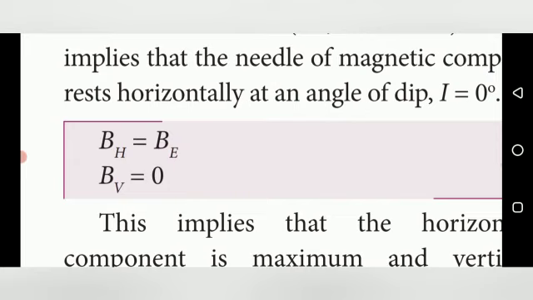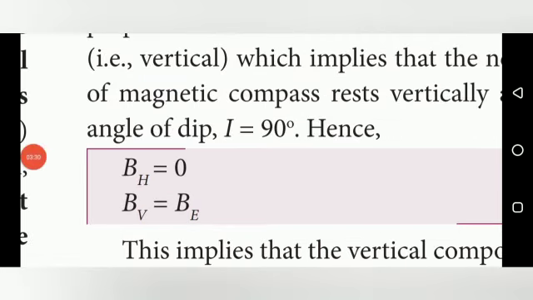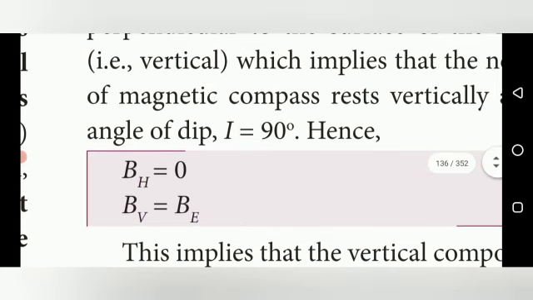At the poles, at the magnetic pole region, I is equal to 90 degrees. Substituting 90 degrees in the two components, cos 90 is 0 and sin 90 is 1. That's why BH is equal to 0 and BV is equal to BE. This also implies that the vertical component is maximum at the poles and the horizontal component is 0. So these are the two cases. I will continue in the next class.